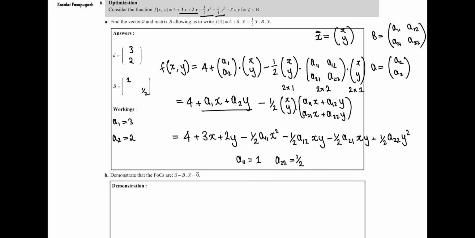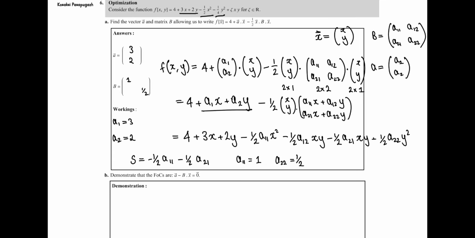Now if we look at the xy coefficients, xy has a coefficient of the symbol which I'm going to call s, and that is going to be equal to minus a half a11 minus a half a21.